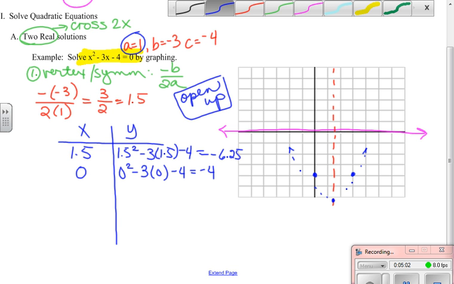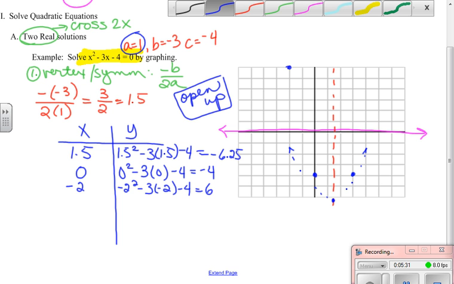Now that also means that over here is that intercept line of symmetry point. So I have to keep going outward. So let's try -2 to see if we can find the point. So I have -2 squared minus 3 times -2 minus 4. And when I do that math, I have 4 plus 6, which is 10, minus 4 ends up being positive 6. So at -2, 1, 2, 3, 4, 5, 6.